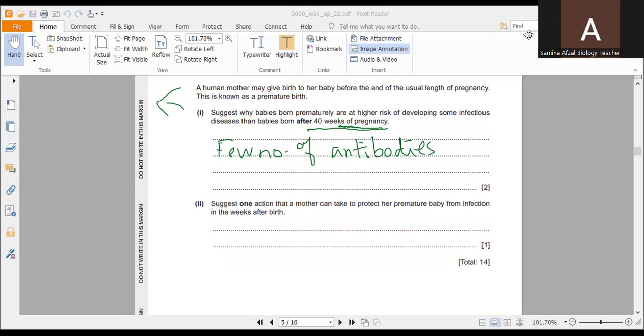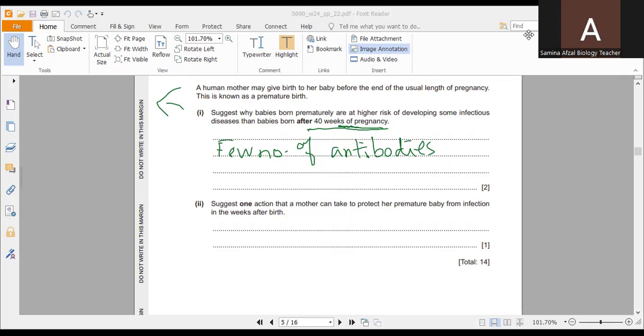During the later stages of pregnancy, the mother transfers a significant amount of protective antibodies across the placenta to the fetus. But when they are prematurely born, the maternal antibodies are unable to provide them passive immunity to protect them against infectious diseases they might encounter in the first few months of life. So premature babies receive fewer of these crucial antibodies due to their early birth, leaving them more vulnerable.